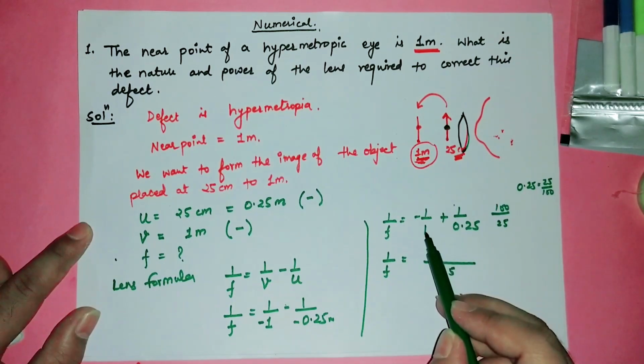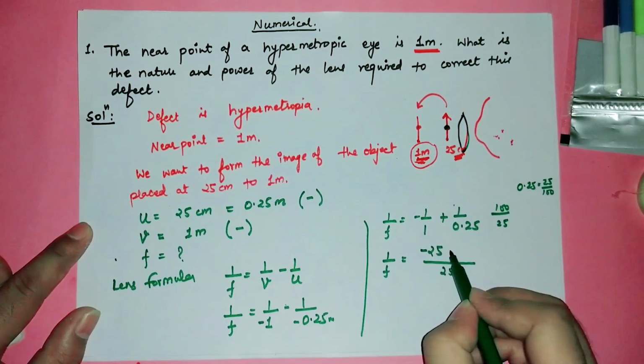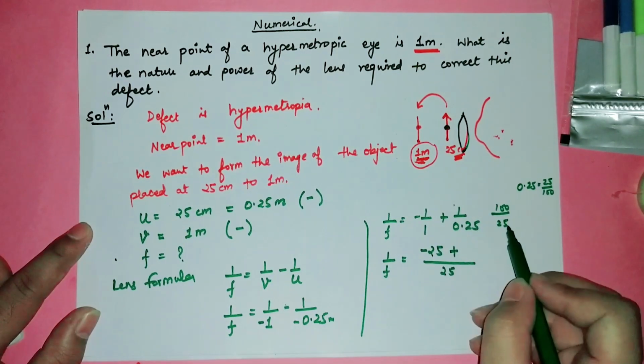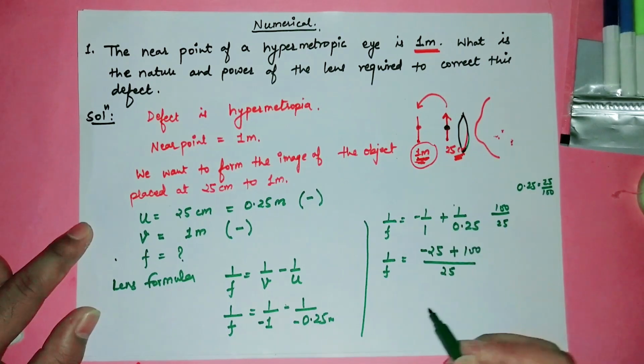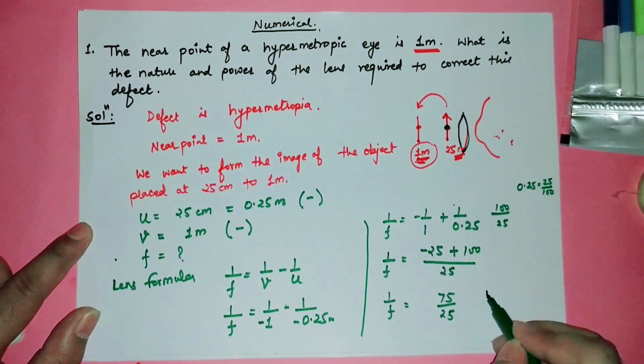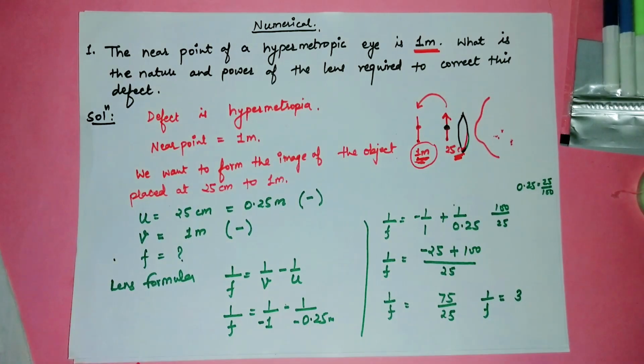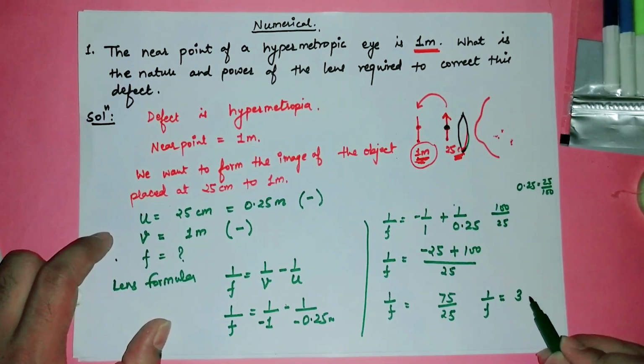So this will be 25 plus 100 over 25, so 1 upon F is equals to 75 divided by 25. So 1 upon F is equals to 3. Okay, so this is 3 per meter.